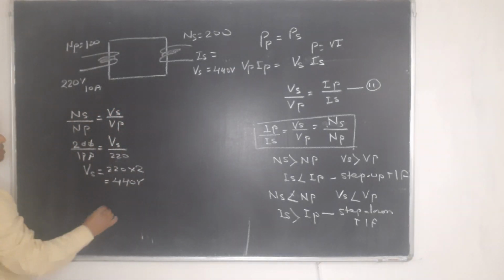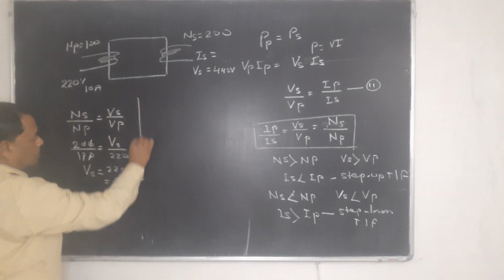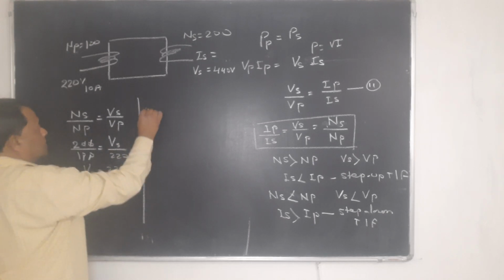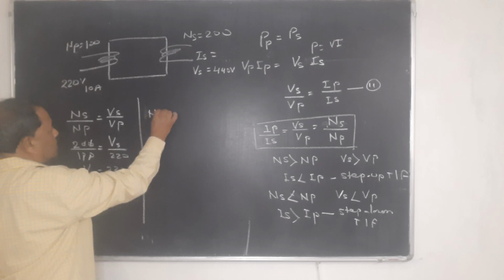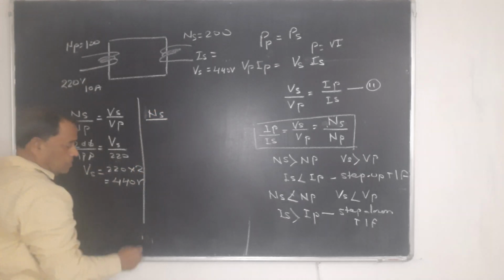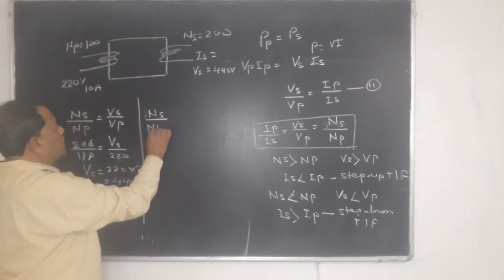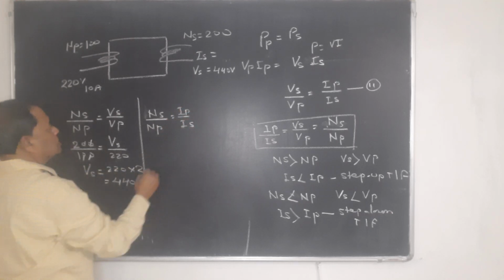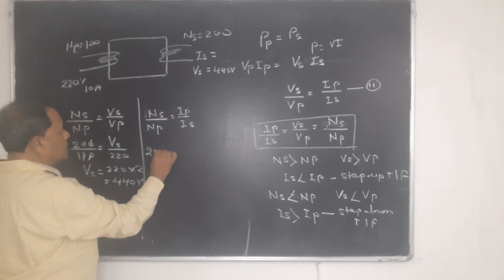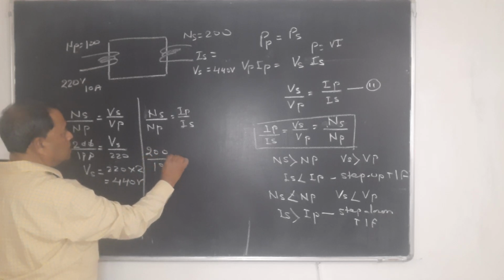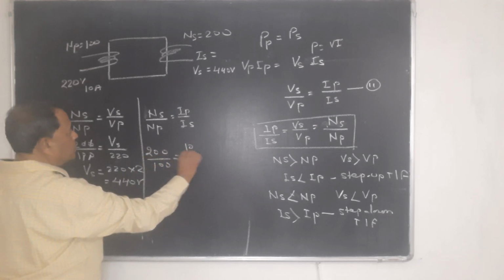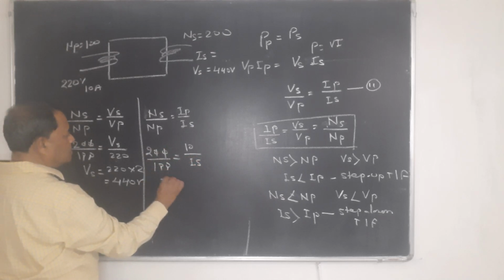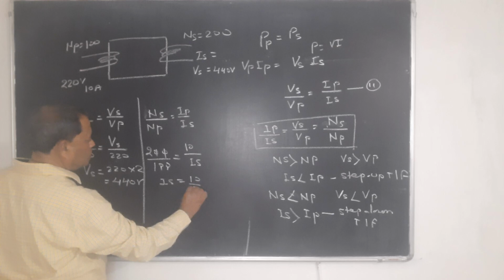Same for current. We will write the equation Ns upon Np is equal to Ip upon Is. Ns again 200, Np 100. Ip is given 10 amperes. Is we have to find out. So Is is equal to 10 upon 2.